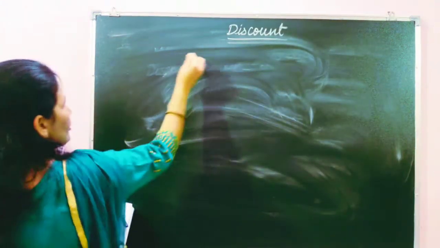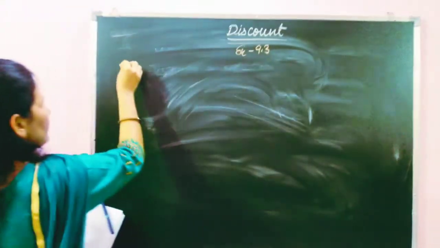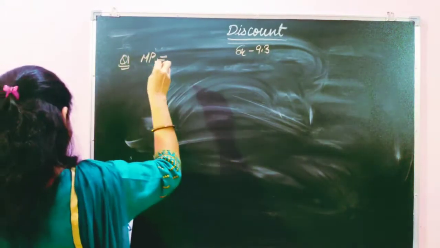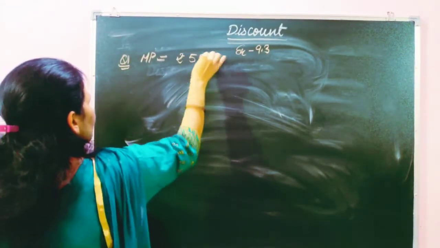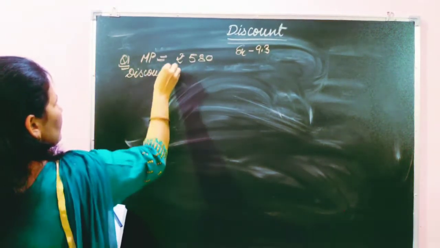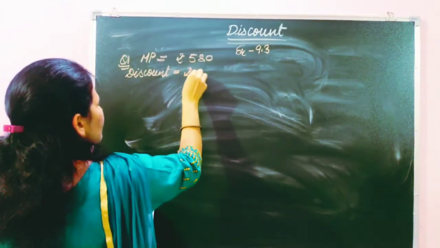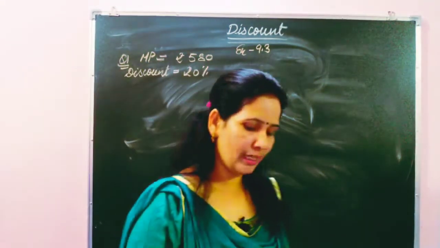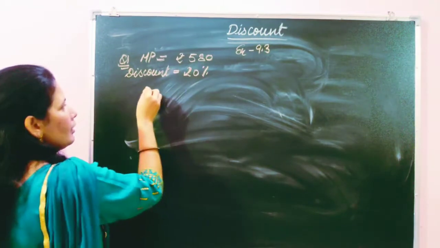So students, in question number one of exercise 9.3, they have given marked price. Marked price is rupees 580. And then they have given discount, that is 20%. Discount is 20%, and we have to find the discount and the selling price. First of all, discount we always calculate on marked price.